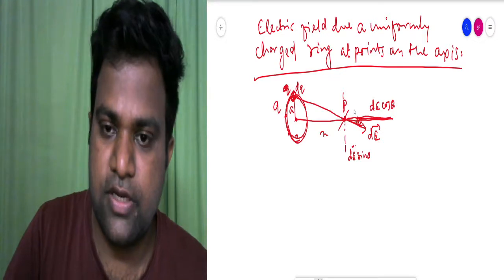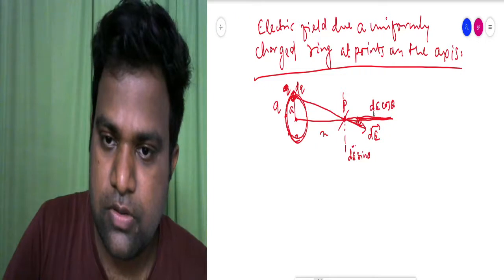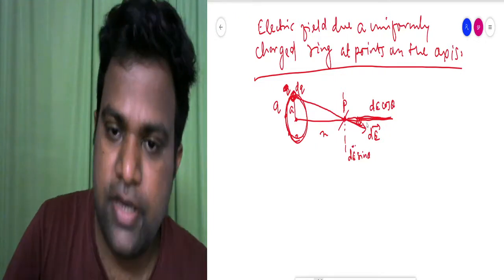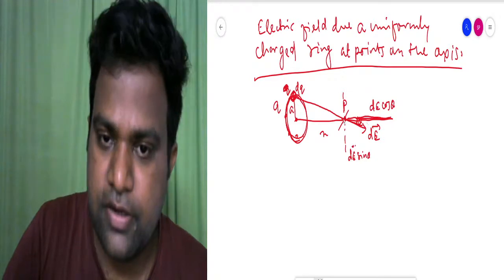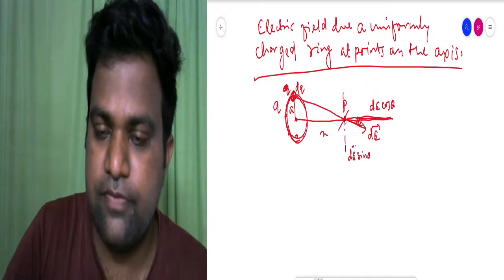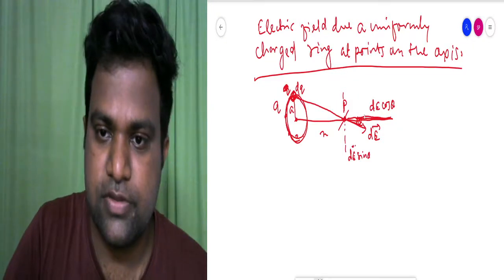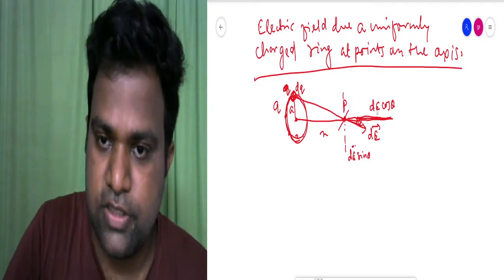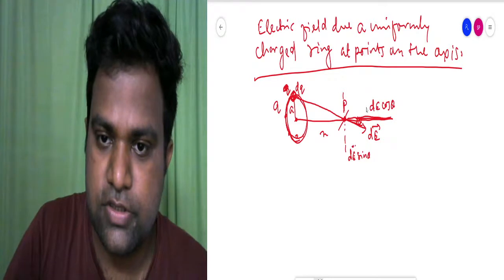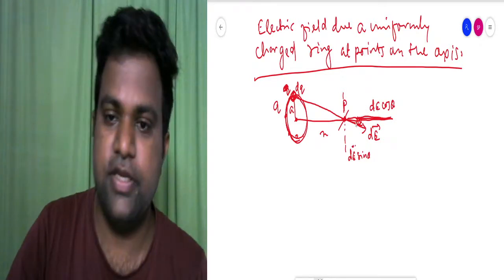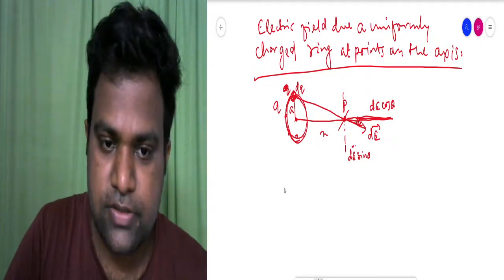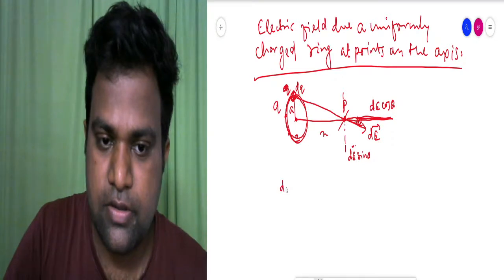So the resultant or net electric field at the point P will be the sum of all the dE cos theta terms. So first let's calculate what is dE cos theta.